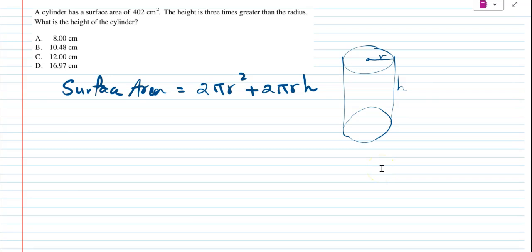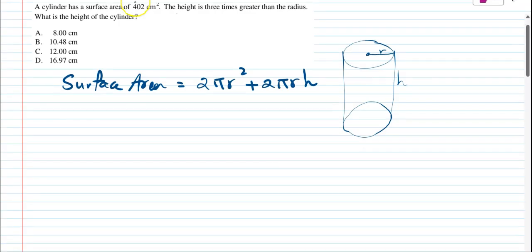So let's go ahead and solve this, because this is a tricky kind of question. The height is 3 times greater than the radius, so this height h is equal to 3r. Now we have to use that to our advantage, and we're going to replace h right here with 3r, because that's what it is.